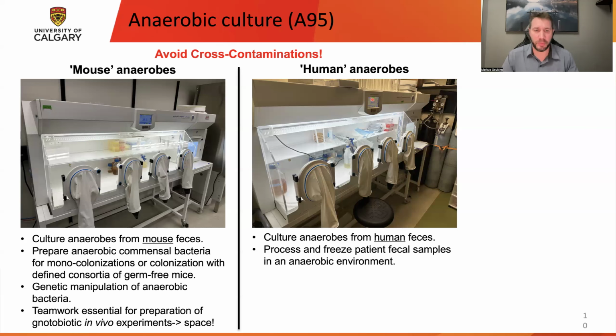Now, this is the operational aspect of generating defined microbes or microbial communities that we then can use in gnotobiotic experiments. Now, as I mentioned before, if we want to test effects in vivo that are happening in a specific window of time, we need to have the ability of temporal control over colonization.